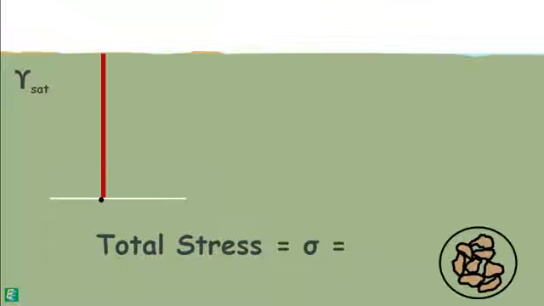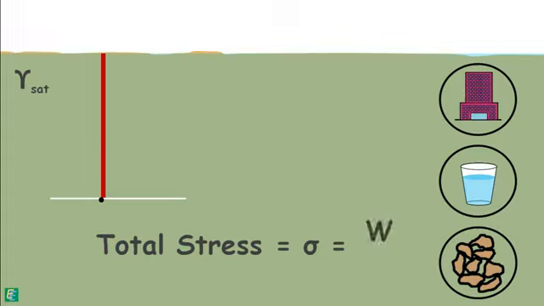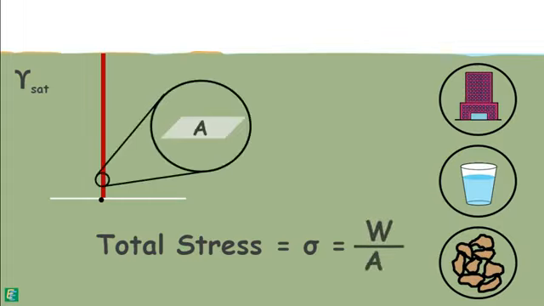Total stress at any point is equal to the weight of everything above that point, including soil, water or overlying structure if any, divided by the area over which this weight is acting. It can be imagined similar to the pressure, which is the force by area. Here, let's say area over which the weight is acting is capital A.